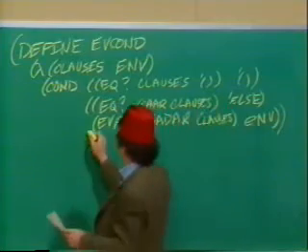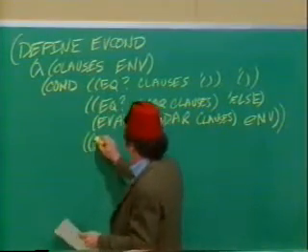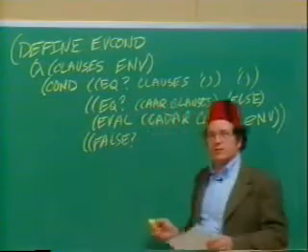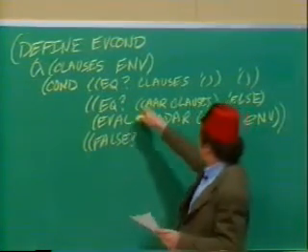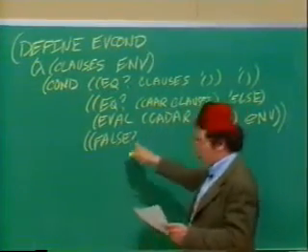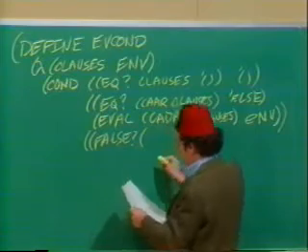Now, the next possibility is more interesting. If it's false, if the first predicate in the predicate list is not an else and it's not false, if it's not the word else, and if it's not a false thing, let's write down what it is if it's a false thing.